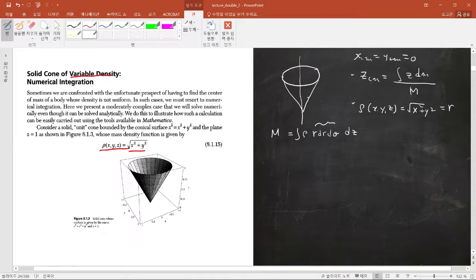Obviously, we are also going to pile up along the z direction. Rho itself is a function of r, so it is r squared times dr d zeta dz, and z is from 0 to 1.